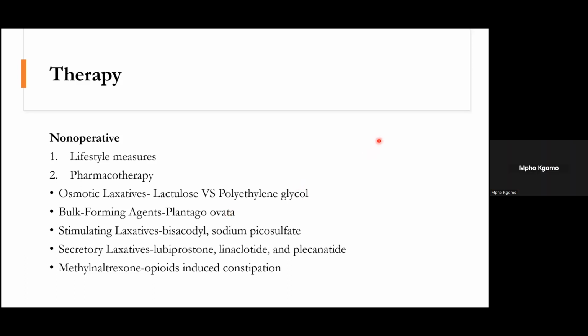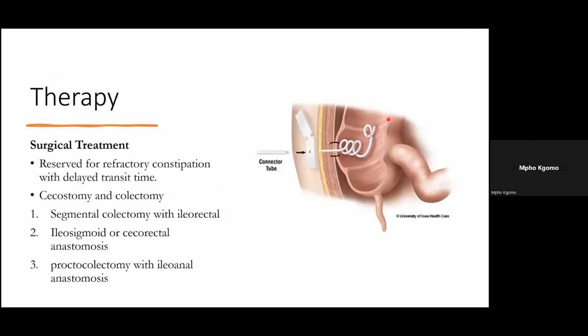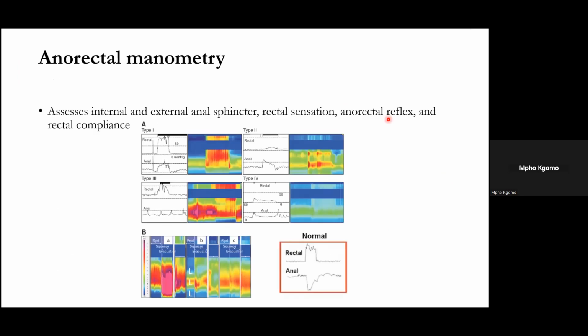Yes. Okay, my last one then is the anal manometry. You said it tests both the internal and the external sphincter. So if you take the internal and external sphincter, which one is the predominant pressure contributor to the rectum? And what is the percentage?